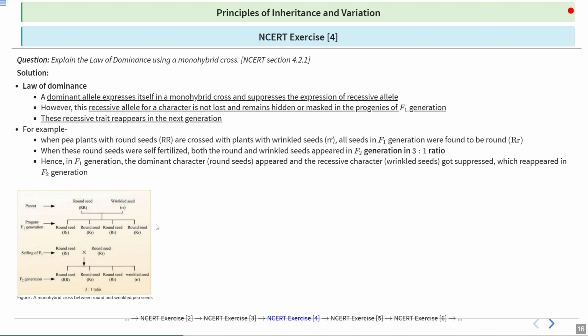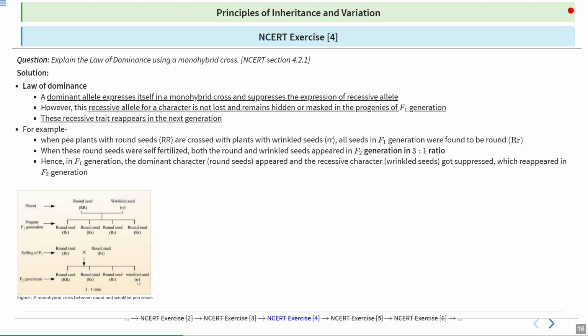This is clear, means all the plants will be having round seeds. Capital R is dominant over small r. Capital R is masking the expression of the small r. Small r is for the wrinkled seeds. Now selfing of the F1 generation is being done here and you get the F2 generation. In the F2 generation, you can see you are getting the phenotypic ratio 3:1. 3 dominant and 1 recessive. Clear?